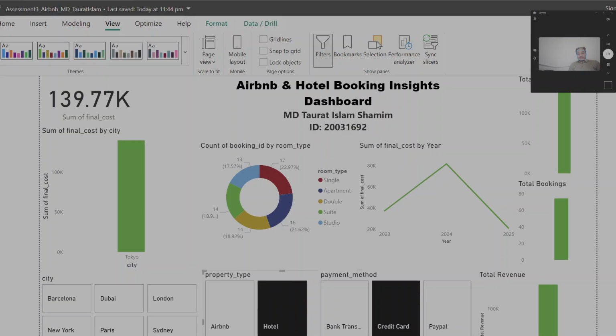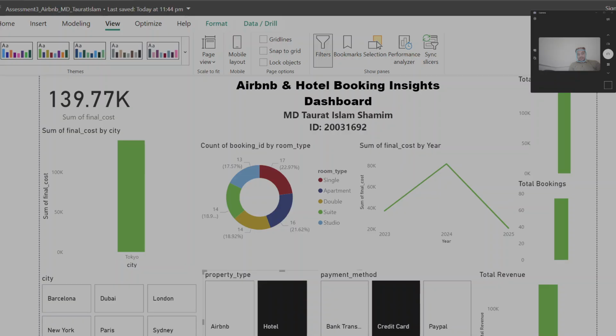The line chart shows that 2024 was a peak year followed by a decline in 2025, and the slicers make it interactive. Users can focus on any city, property type, or payment method they want.